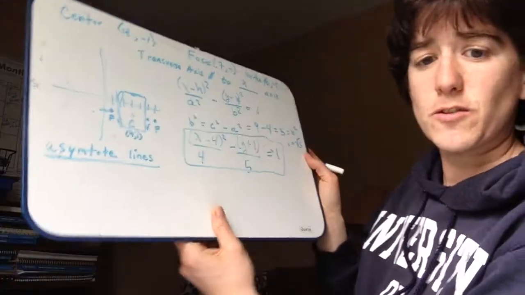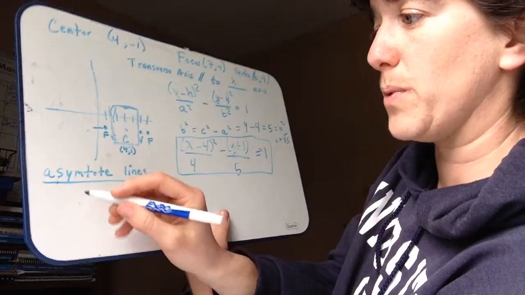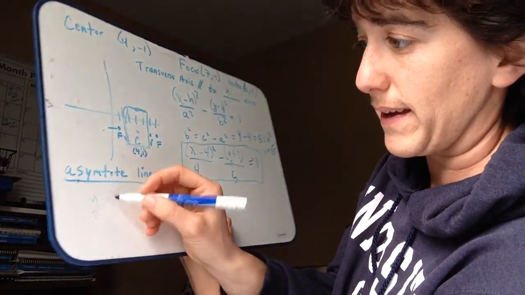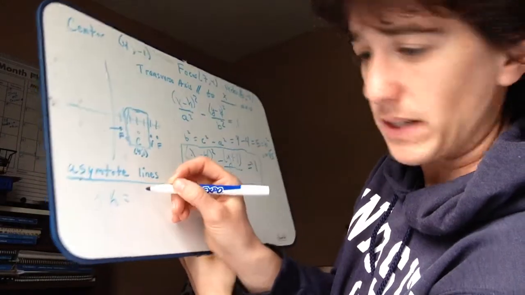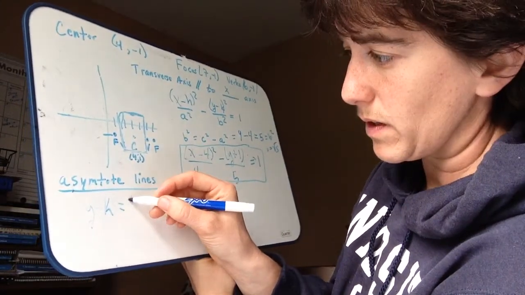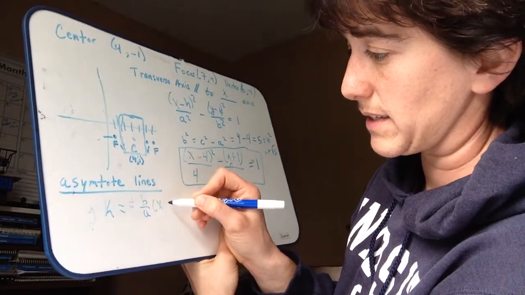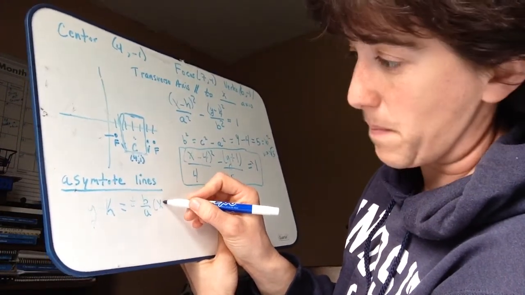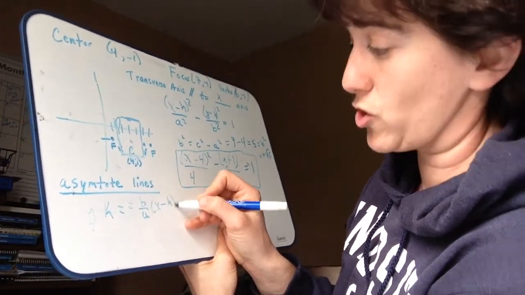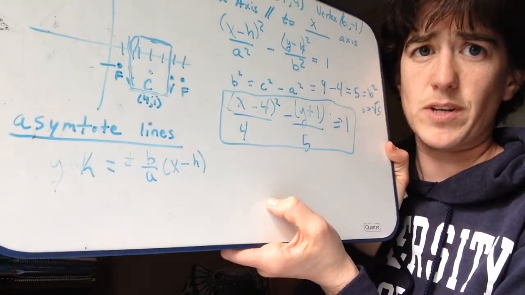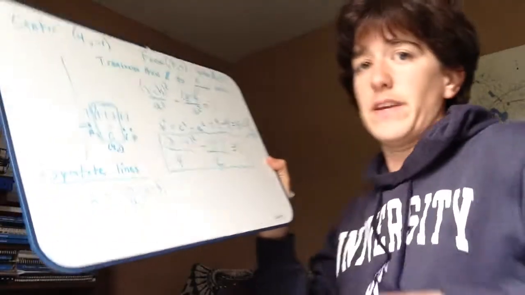Now, the equation of my asymptote is going to be y minus k equals plus or minus b over a times x minus h. Okay. So now I'm going to substitute in those pieces of information.